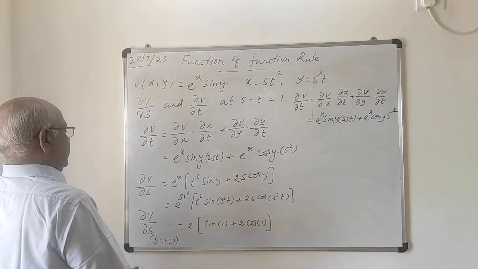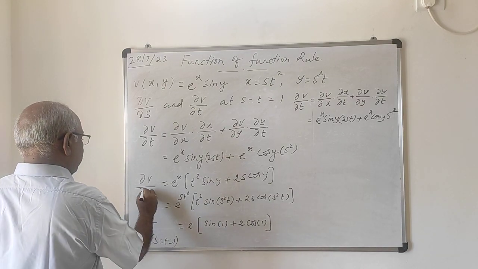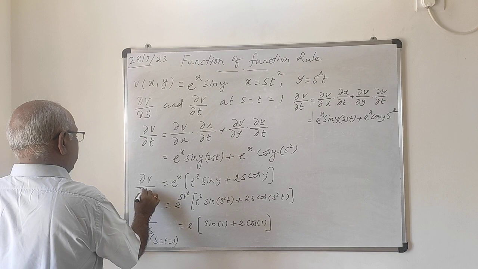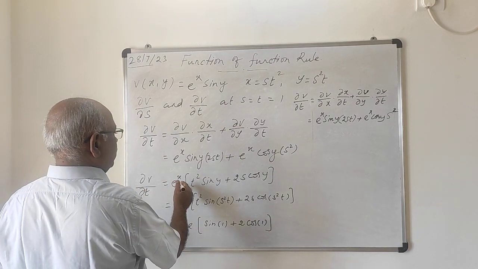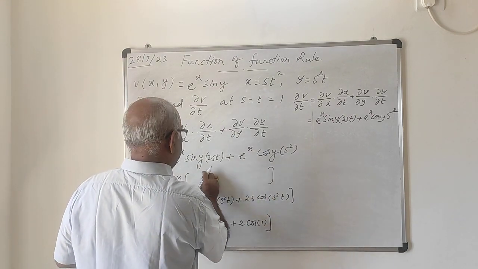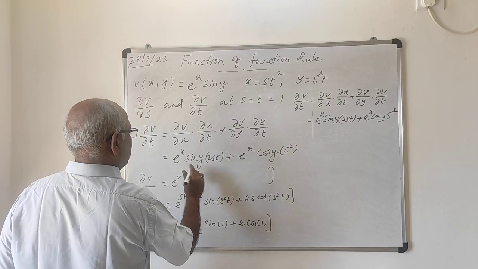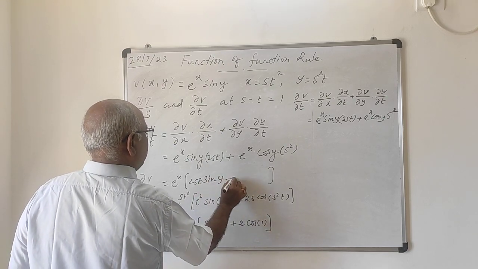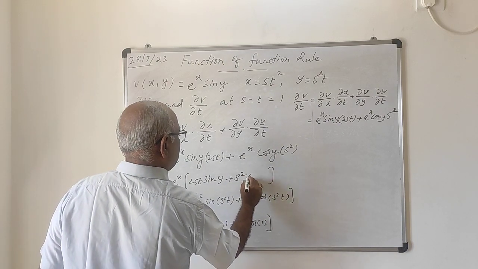Okay, that is dou v by dou t. Here also you can take e power x common, you will get 2st sin y plus s square cos y.